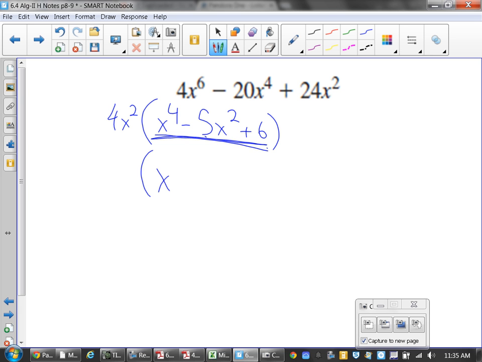So it's x squared minus 3, x squared minus 2, and we have a 4x squared out front. Can I factor any of those any further? No. Because I have differences, but I don't have perfect squares. And I'm done.